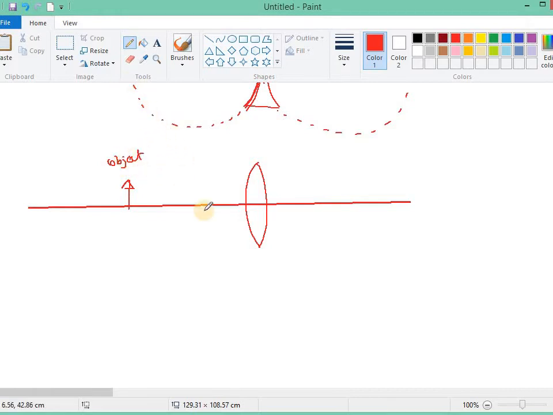So this distance, okay, this is the axis of lens. So the distance from the axis to the object, this is the object distance.